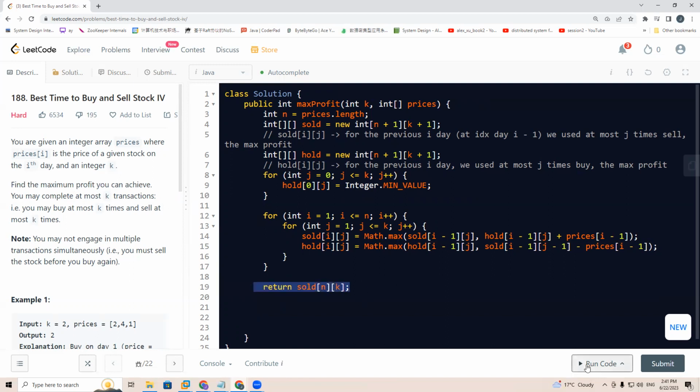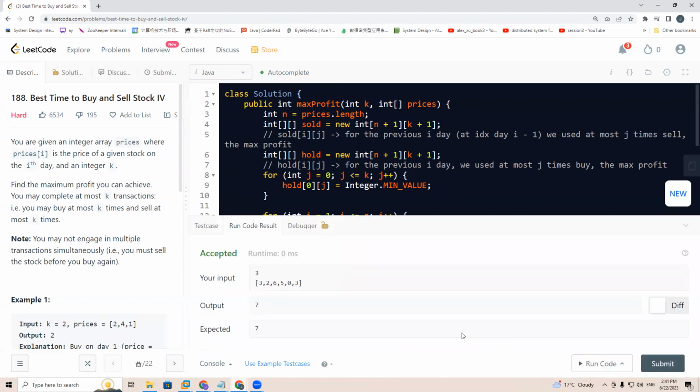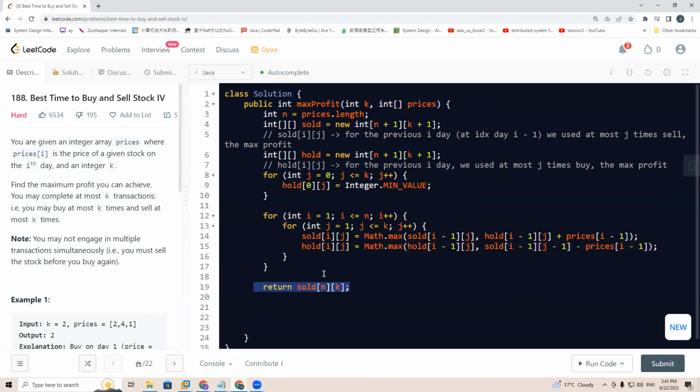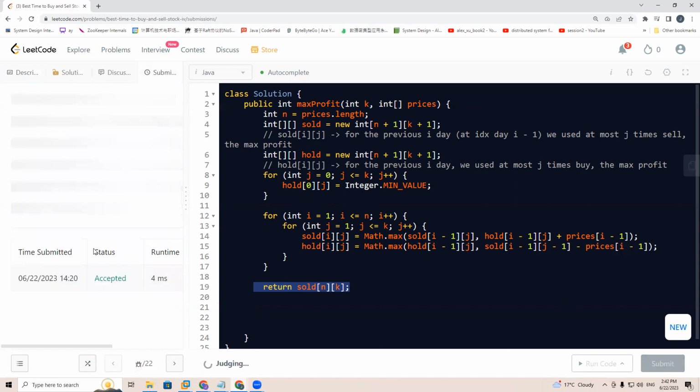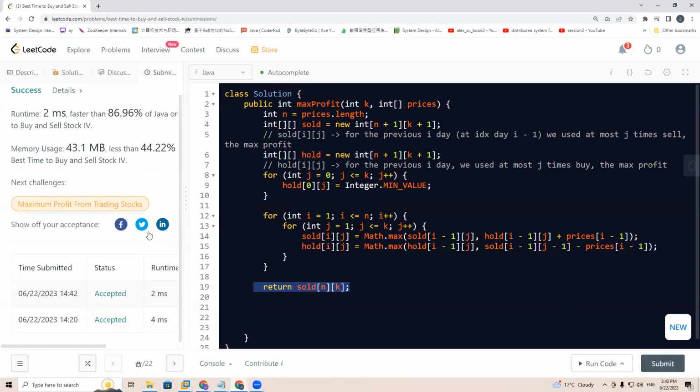Let's try to see. Yeah, so this will be the solution. The time complexity will be n multiplied by k.